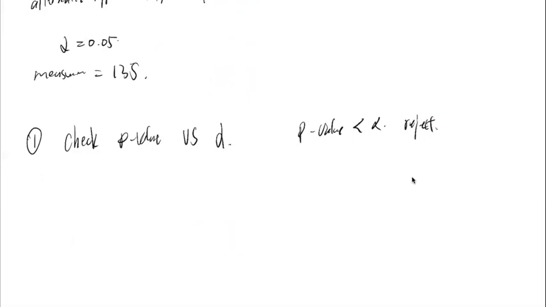The way we do that is, because we know that it follows the normal distribution, we standardize it by calculating the z-score, which is x minus mu divided by sigma. That is 135, our measurement, minus 120, which is the mean, divided by our standard deviation 5.